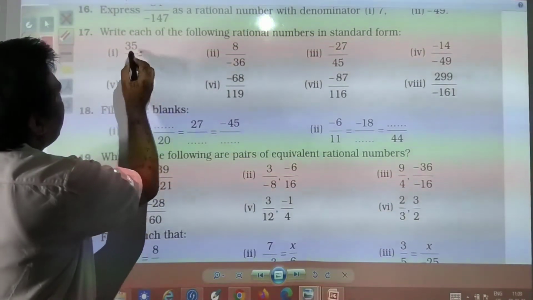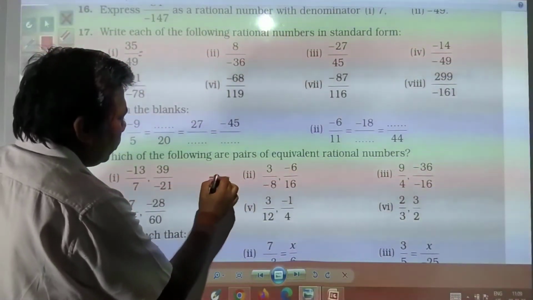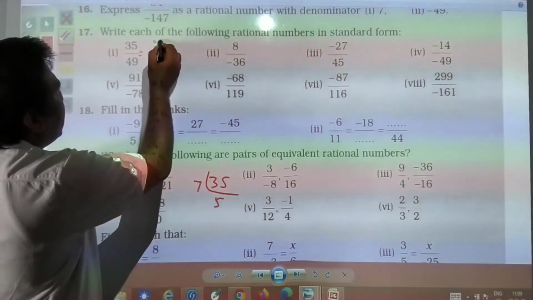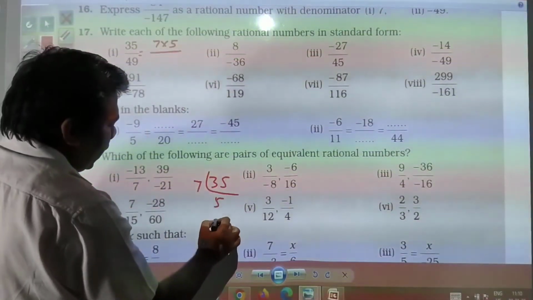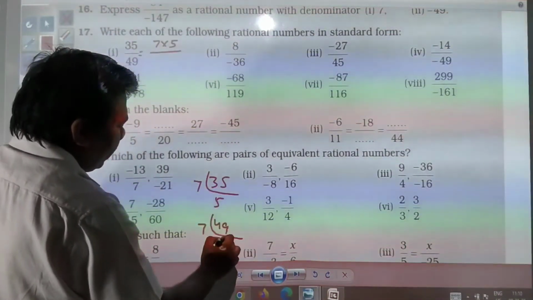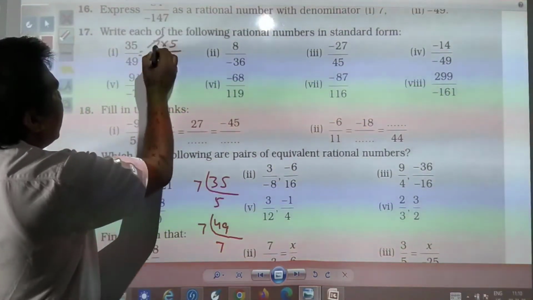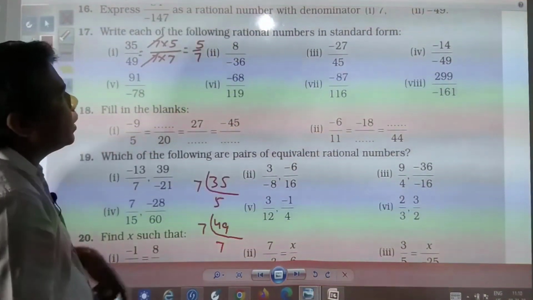It is better you do the prime factorization of 35. How will you do? 7 5s are 35. So it can be written as 7 into 5, and 49 can be written as 7 7s are 49. So 7 into 7, this will be cancelled, and what will be left? 5 by 7, and this will be your answer.